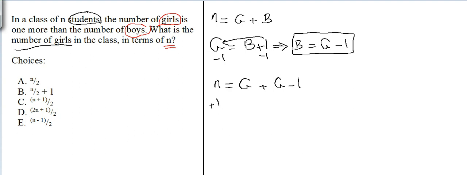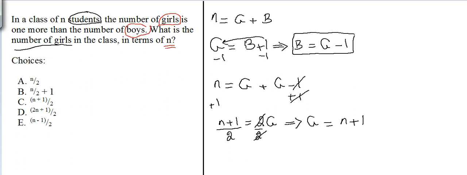We add the plus 1 to both sides of the equality to get n plus 1 equals: minus 1 plus 1 cancel, girls plus girls, 2 times the number of girls. What does that mean? If we need to find the number of girls, we divide by 2 each side of the equality to get the number of girls is equal to n plus 1 divided by 2.